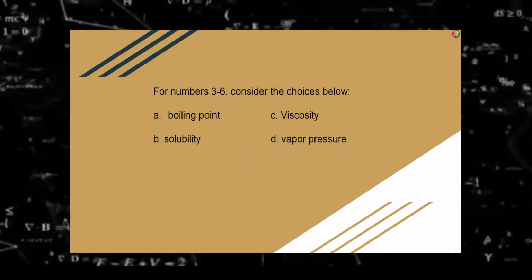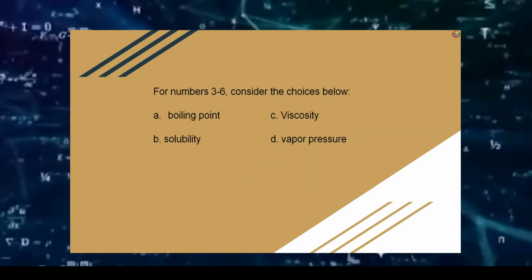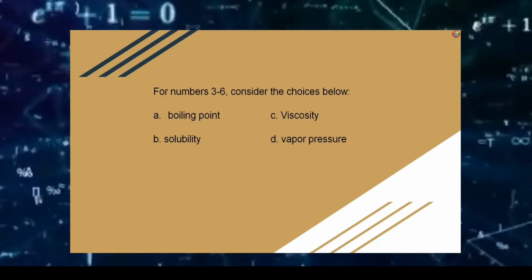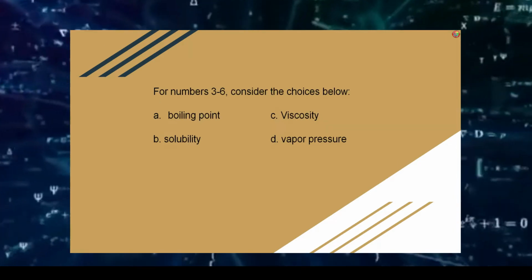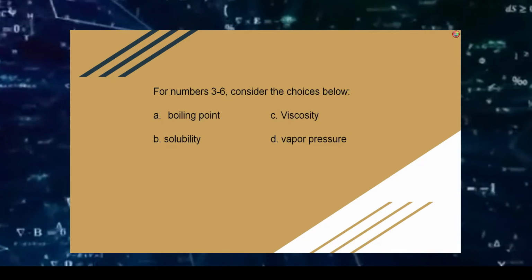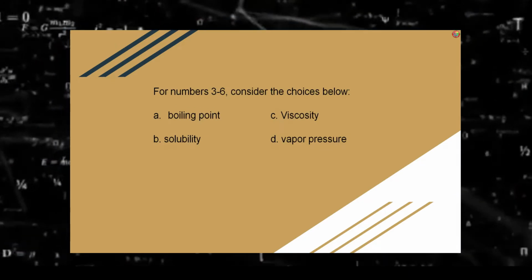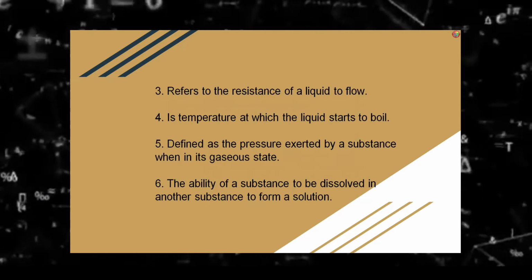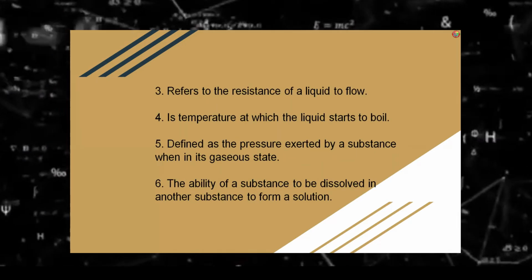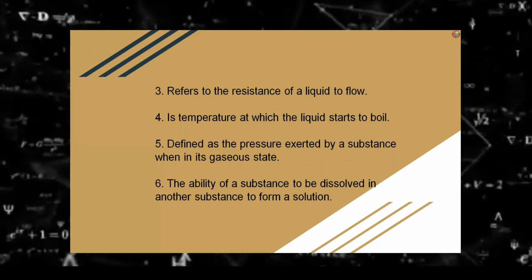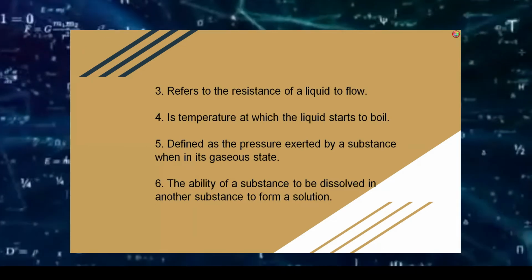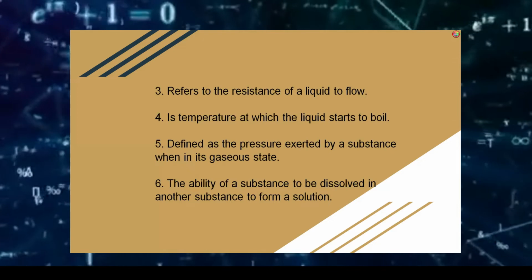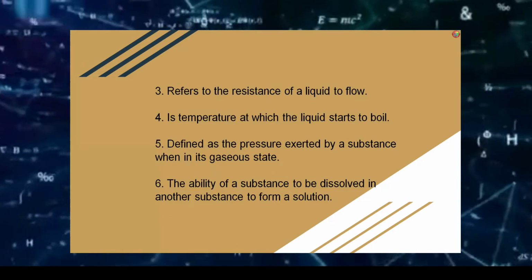For numbers 3 to 6, consider the choices below. A. Boiling point. B. Solubility. C. Viscosity. D. Vapor pressure. Number 3 refers to the resistance of a liquid to flow. 4 is the temperature at which the liquid starts to boil. 5.